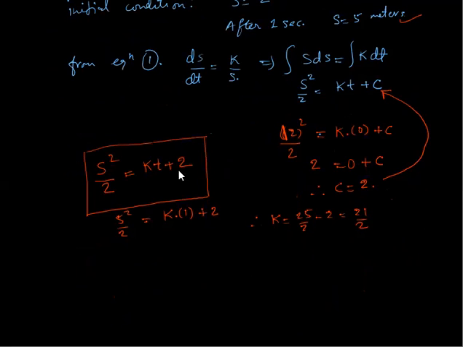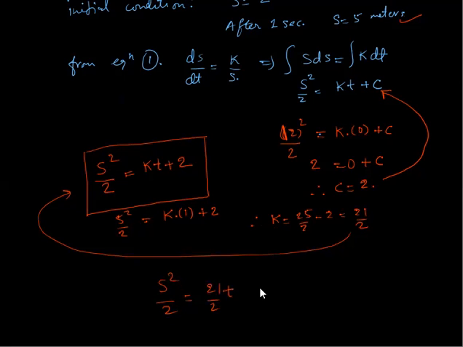Replacing the value of k in this equation, we get s square by 2 equals 21 by 2 into t plus 2. Okay, so now this is the final equation in terms of s and t only. So we got a function, that is displacement as a function of time.